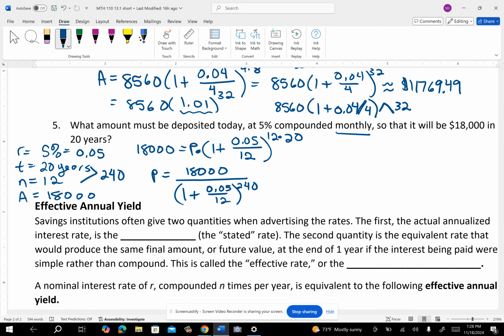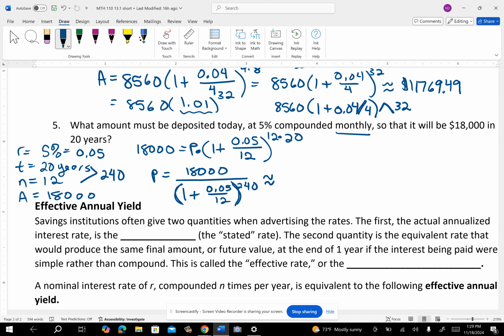Okay, so try this. Your answer on this one should turn out to be less than the 18,000. Okay, and if you're trying to type it in one step, you're going to need a parenthesis down here where I have the parenthesis. Okay.